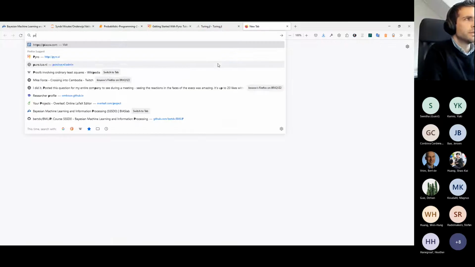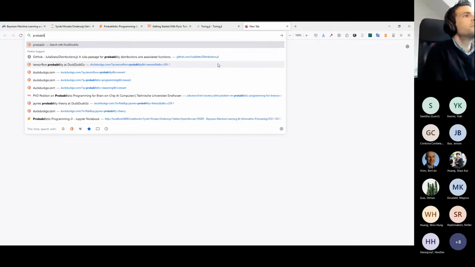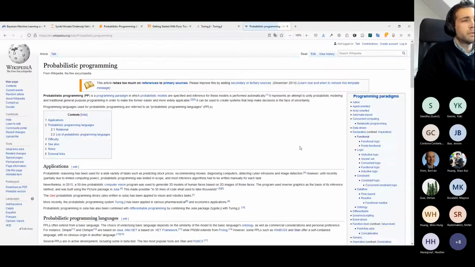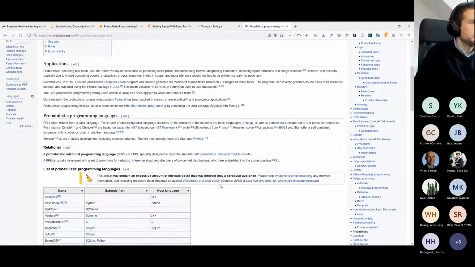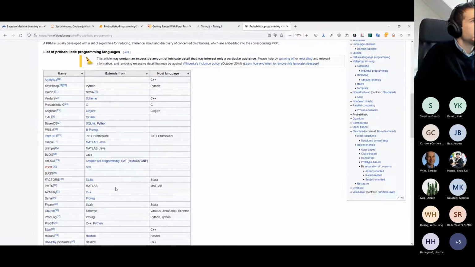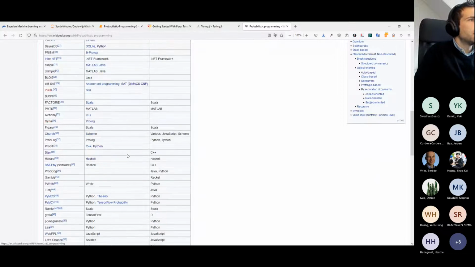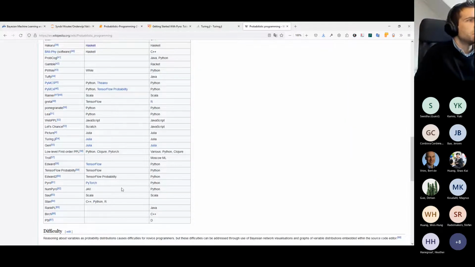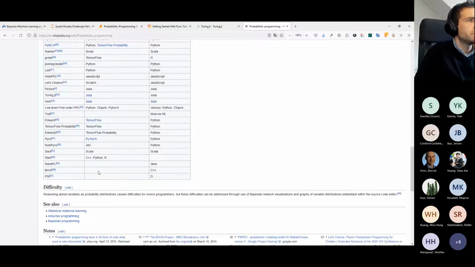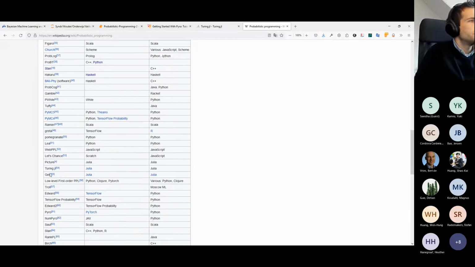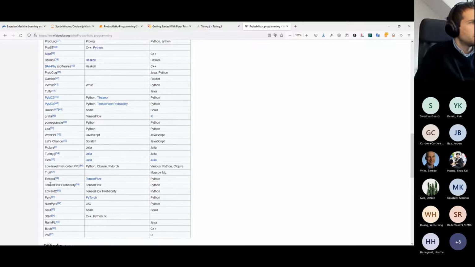And in general, there are quite a few languages for different underlying programming languages. So something called Birch, which is new as well, Probabilistic C. Yeah, so Turing, Gen are on there. Edward and TensorFlow Probability and Edward 2 are very similar.